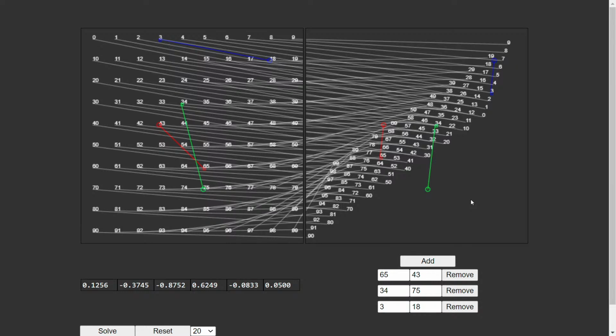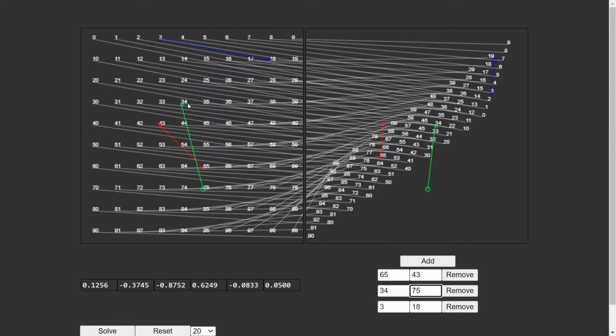So here's an idea. Assuming my app does not crash because I implemented something wrong, I will remove one of the training points. Let's remove the green guy. This is saying the point 34 has to map to the point 75.